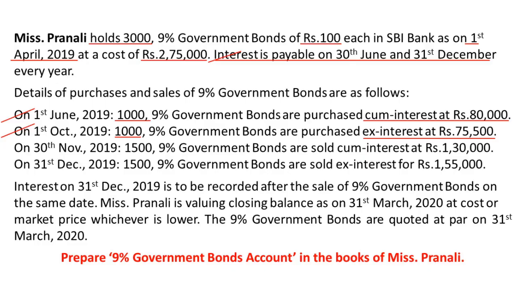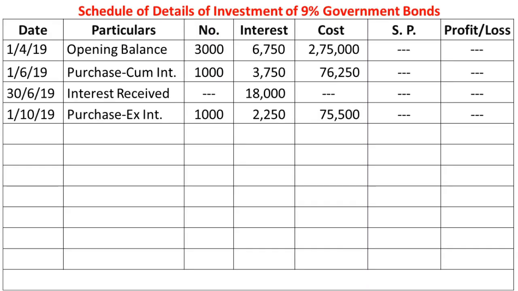Let us go ahead to the next transaction on 30th November 2019. 1,500 9% government bonds are sold cum interest at rupees 1,30,000. Now this price is given as cum interest, which means the selling price also includes a part of interest which has to be removed. So we will firstly record this transaction in our schedule of investment.